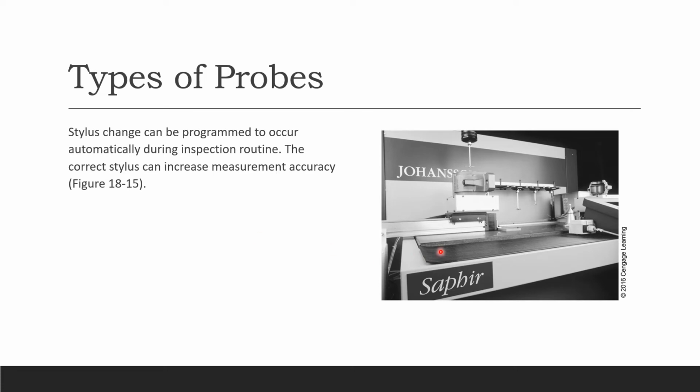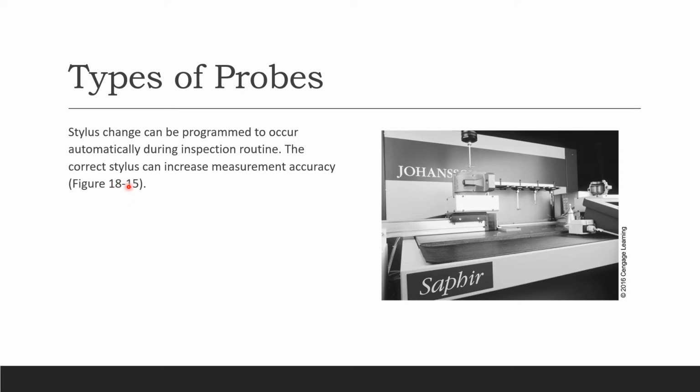Alright, next one is your stylus. You can change the stylus, you already know about it. You can also program that, okay, to automatically do the inspection routine. So you can save time, you don't have to change it manually. The correct stylus, you can program it to change according to the part that you're measuring.